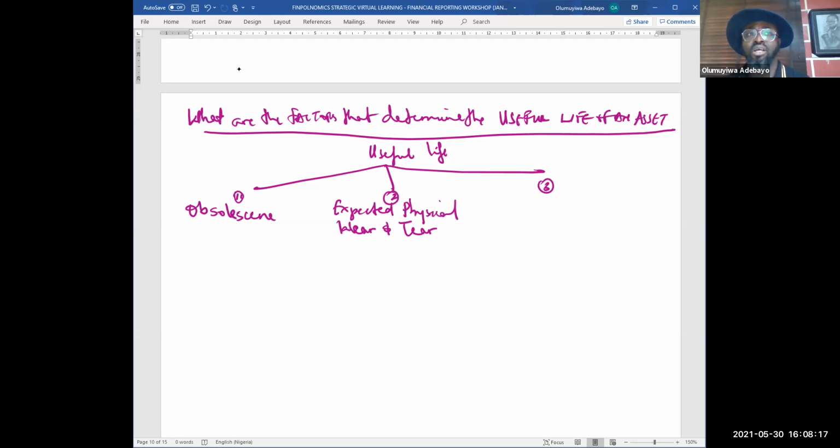Physical wear and tear, and that is always influenced by usage. The more you use an asset... take the same car we bought together. If you use yours for Uber and I use mine for my personal movement, mine would more or less have more useful life than yours, because the mileage will not be up to yours.